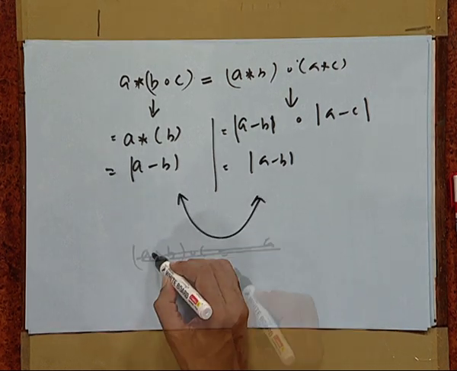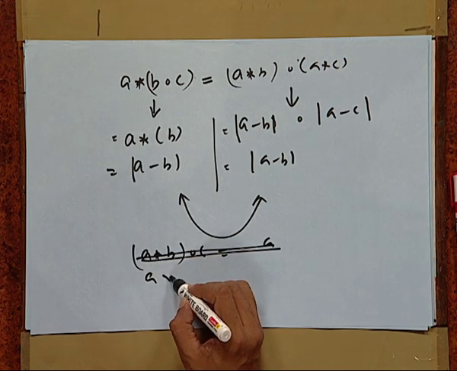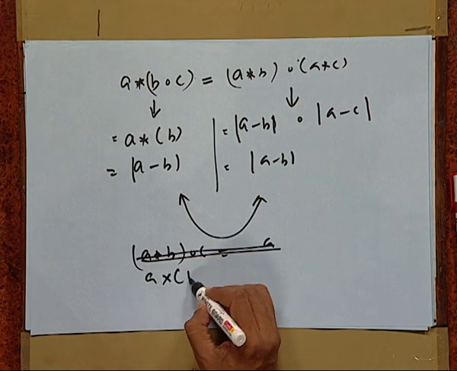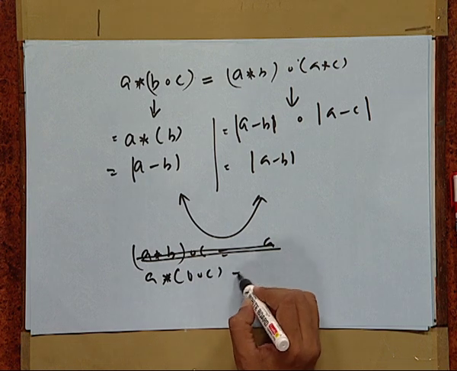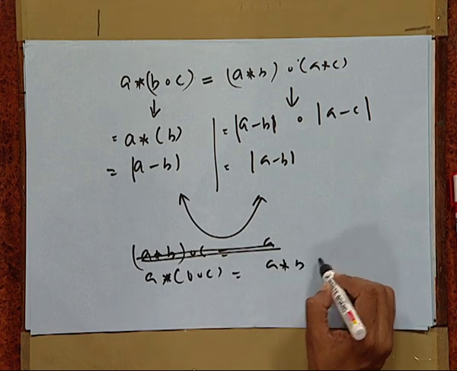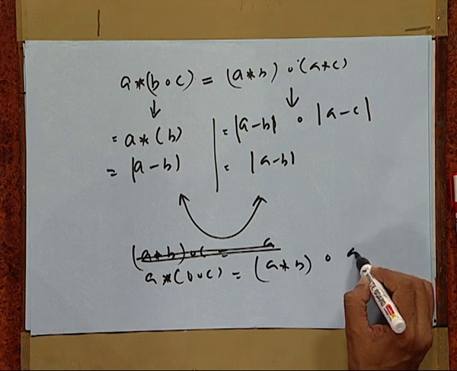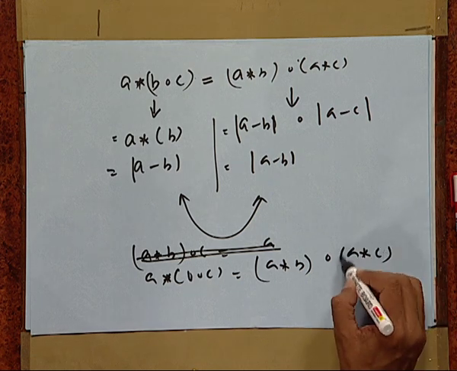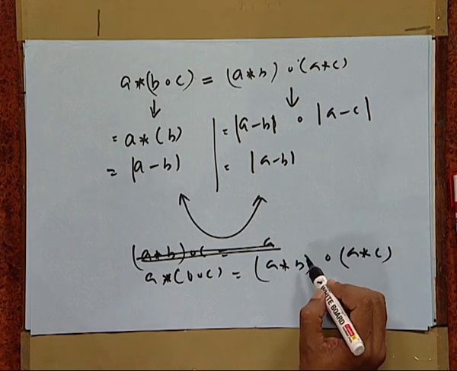So, you have A star (B O C) is (A star B) O (A star C). So, it is distributive, but the reverse part is not true, that is, O is not distributive over star, which can be verified easily.